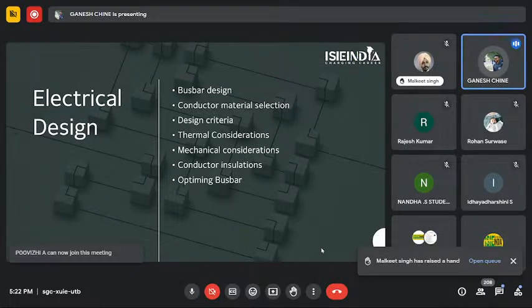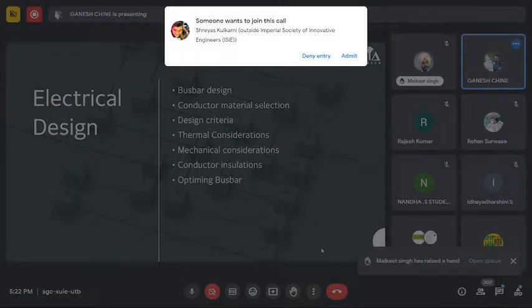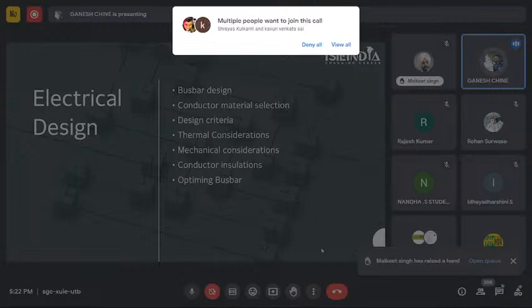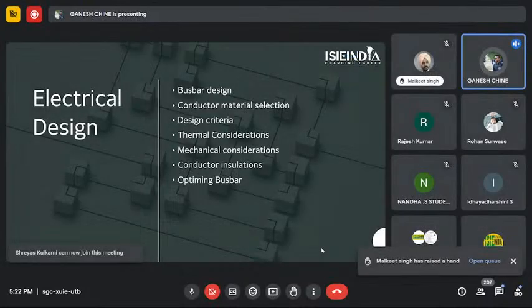That's why while designing the bus bar we have to take care of various parameters such as temperature, resistance, and how much current we can transfer through that particular system. Then second, for a bus bar we have to choose the conductor material.